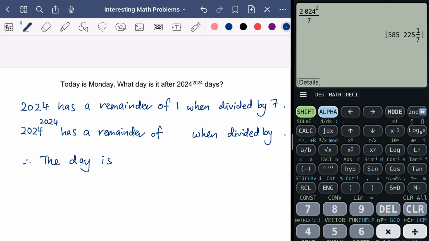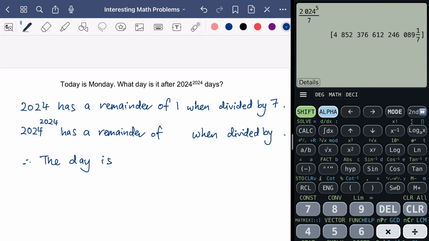So we want to see whether this pattern continues. So I'm going to raise it to, let's say, power 3. And if I were to change this again to mixed number form, I still get a remainder 1. Let's say I raise it to a power 4. And again, I check this. It still gives me a remainder 1. And let's see how far I can push this. All right.